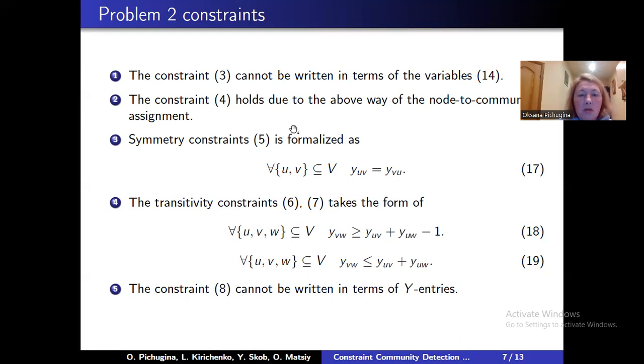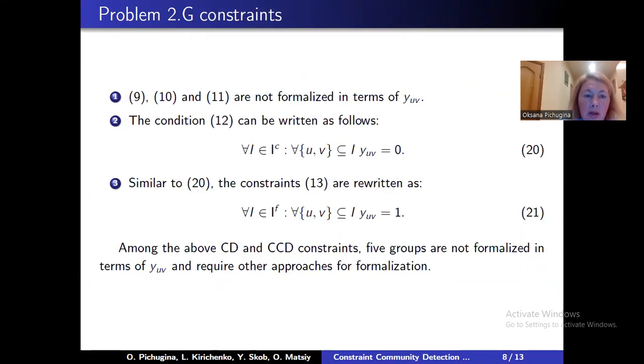The partition constraint holds because of the way of assignment of vertices to communities based on non-zero elements of matrix Y. But constraints 3 and 8, where the sizes of communities are directly present, cannot be written in terms of Y, which is a disadvantage of this modeling approach.